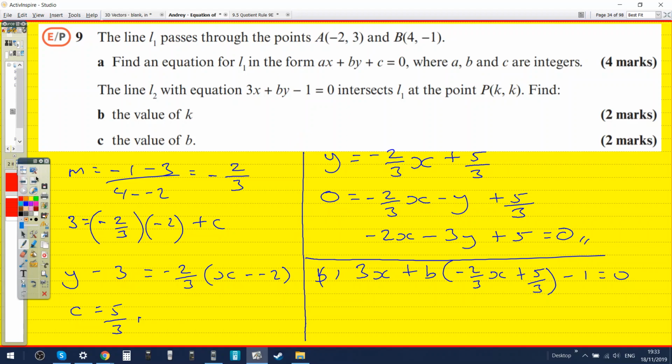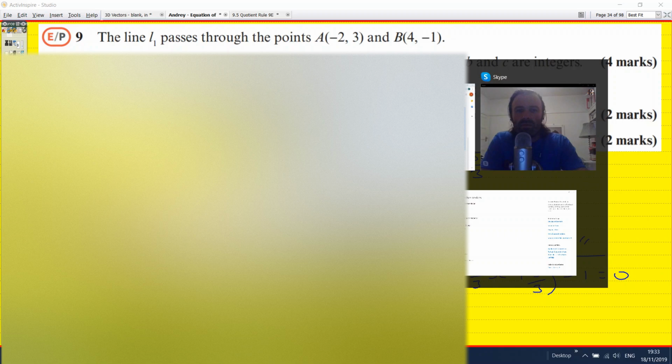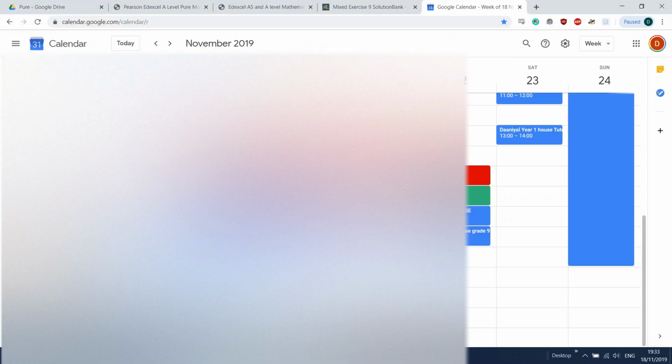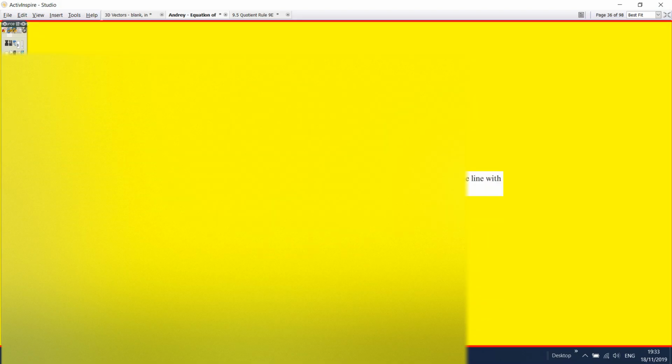What is this one? Maybe I'll just look this one up. Let me see, what one is this? I don't even know what chapter it is.